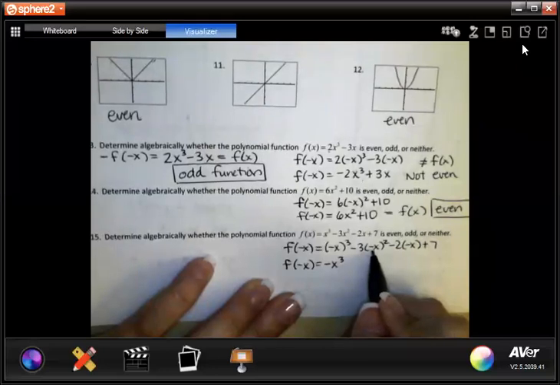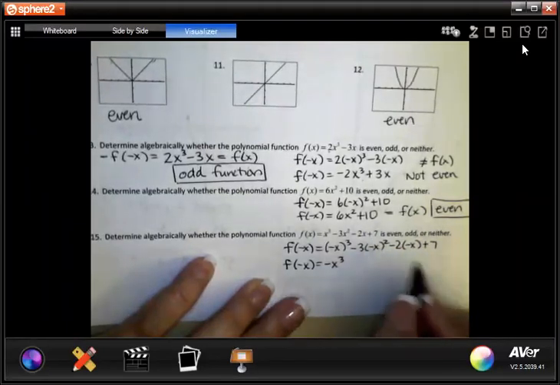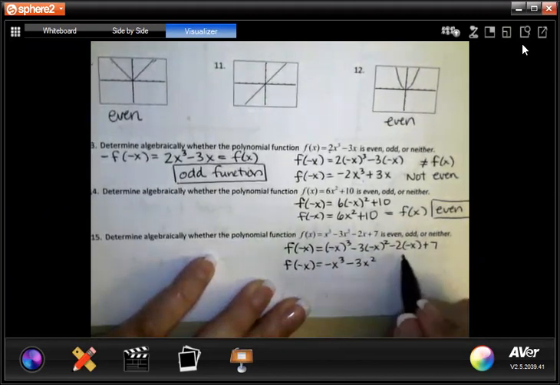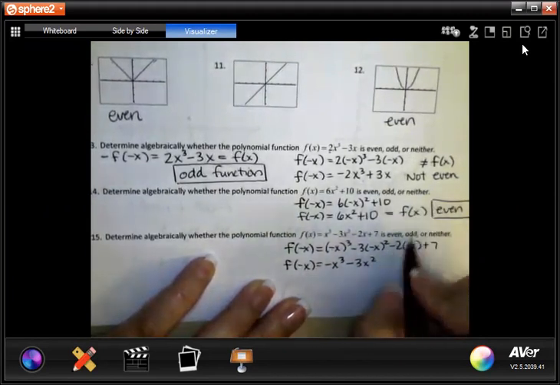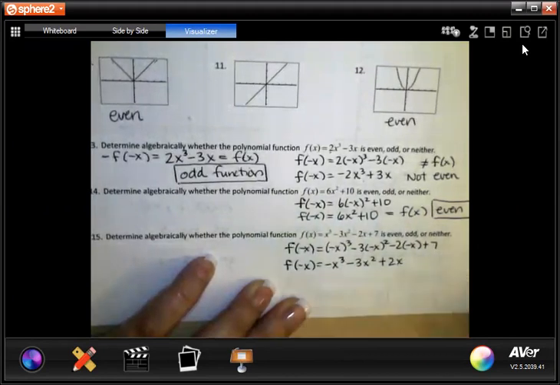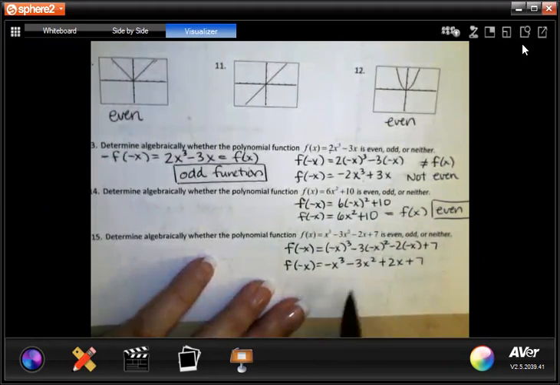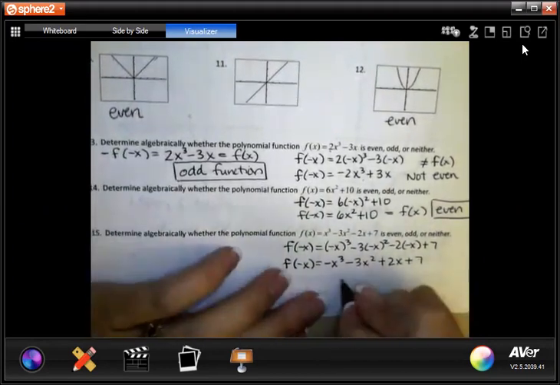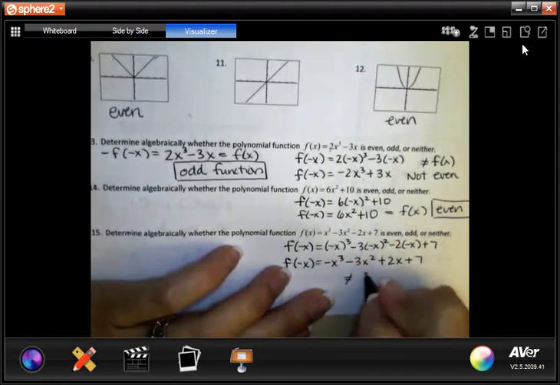This is going to give me a positive because a negative times a negative for the square, so that's going to give me a negative 3x squared. Negative 2 times negative x is going to give me a positive 2x, and then the 7 does not change. I compare that to my original, and it is not the same. So that is unequal to f of x, so not even.